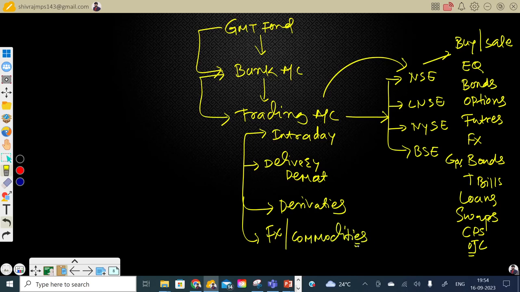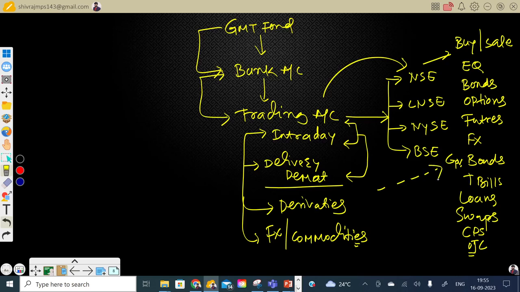So you would see that segmentation. Why? Because you will have to allocate funds from the trading account to intraday, or trading account to delivery, or others. I'll show you how allocation works. But this is how you have to allocate funds to the different accounts, and then only you can purchase equities. If you want to buy and sell equities, you have to add funds here. Then only you can purchase securities from the open market, otherwise you cannot buy any securities.